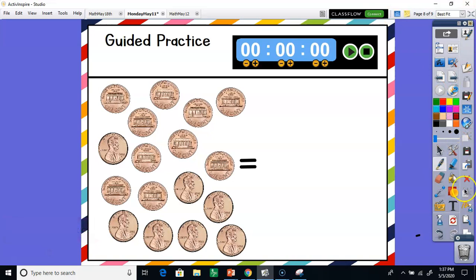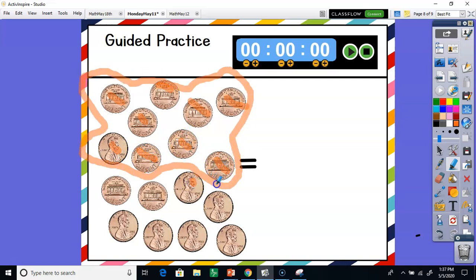Okay, let's count. 1, 2, 3, 4, 5, 6, 7, 8, 9, 10. And we'll circle our group of 10. Oh, there's a lot. Let's see if we have enough left over. 1, 2, 3, 4, 5, 6. Whoops, hold on. I made a mistake.